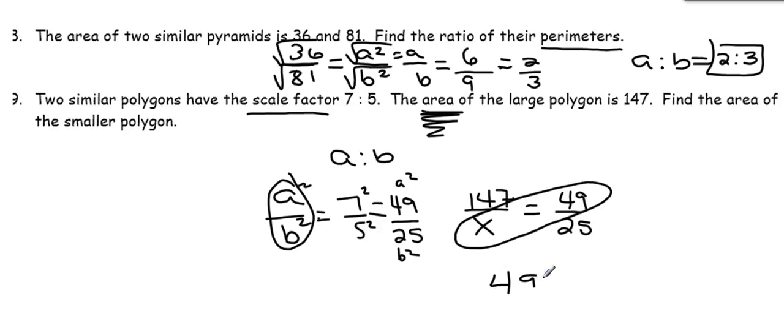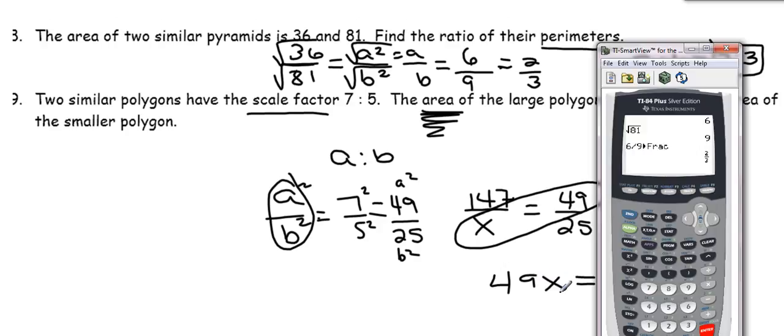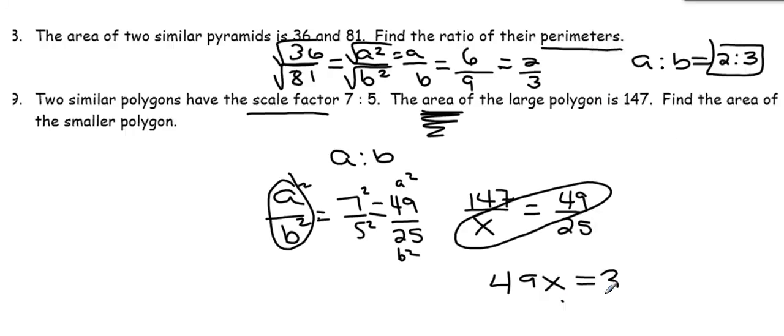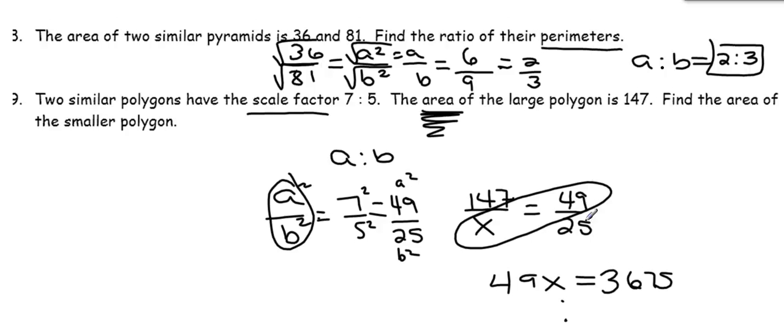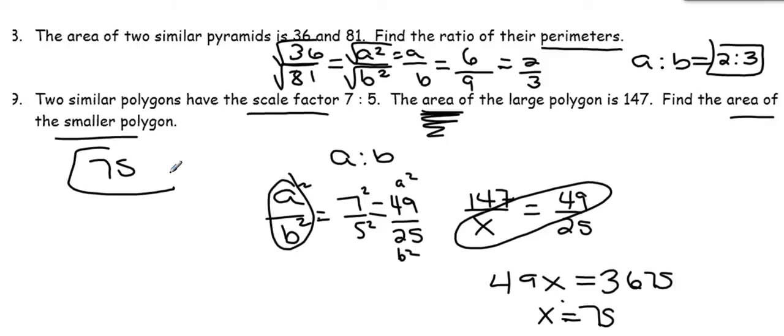We get 49x equals 25 times 147. And that gives us 3,675. And then I'm going to divide by 49 to find out what the area of my smaller figure is. So I get x is 75. So the area of the smaller polygon is 75.